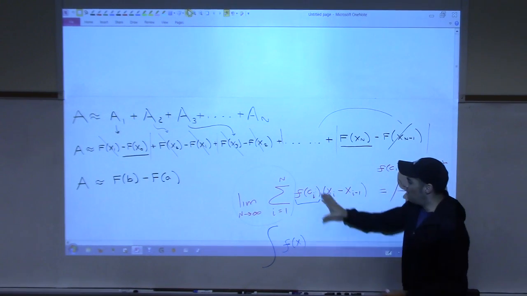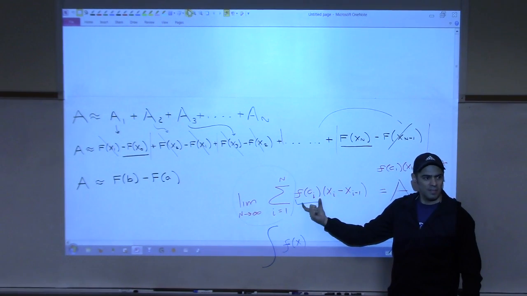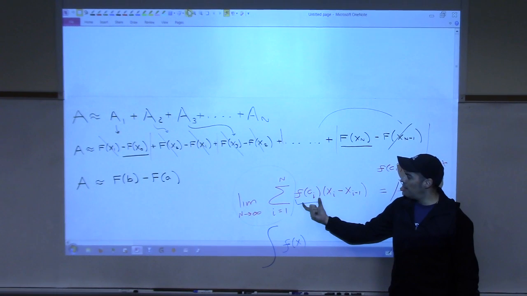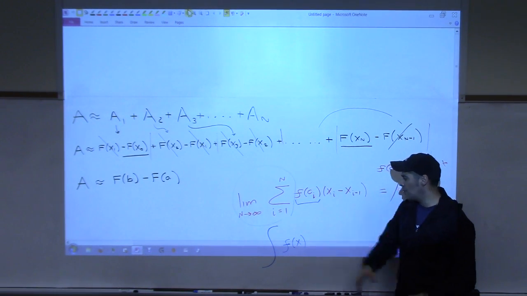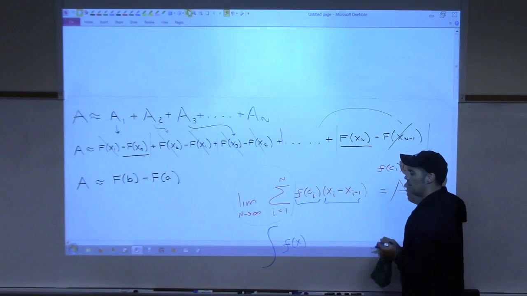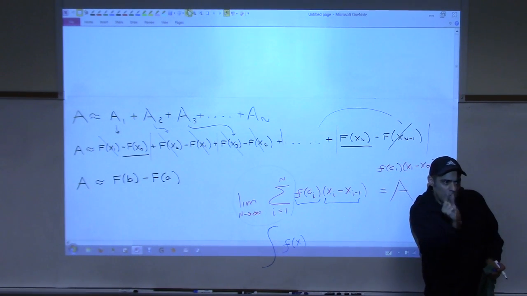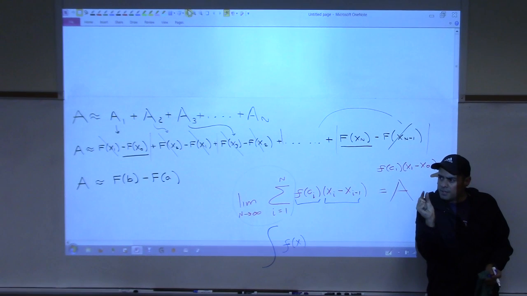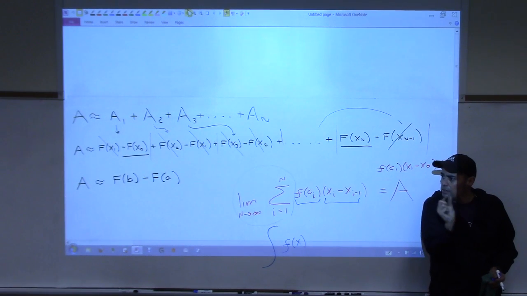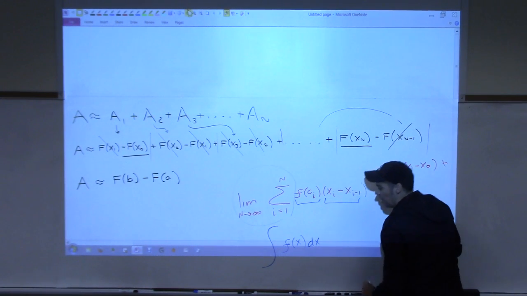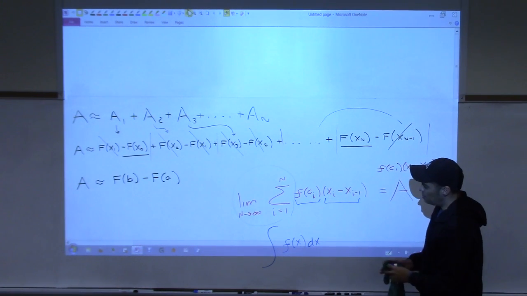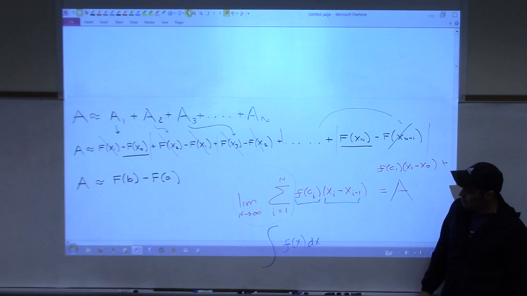Wasn't this just the height of the function? And that's just the function's value at some x. And then this right here, this was the little width of the rectangles, right? It's the change that we have in x. And we're going to call that dx, which is a little infinitesimal change in x. That's the notation for this summation right there.